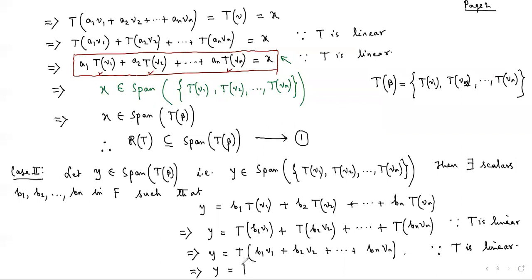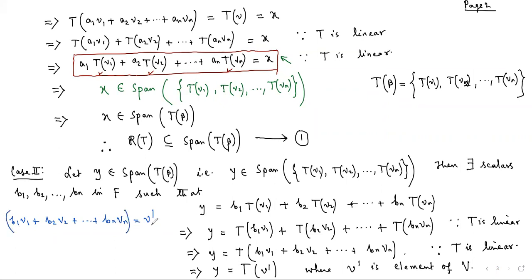We can name Y to be T of some element V prime, where V prime is an element of the vector space V. Why? Because I'm just naming these elements B1 V1 plus B2 V2 plus dot dot dot plus Bn Vn as V prime. We can always do this because this will be an element belonging to V. What is the justification?